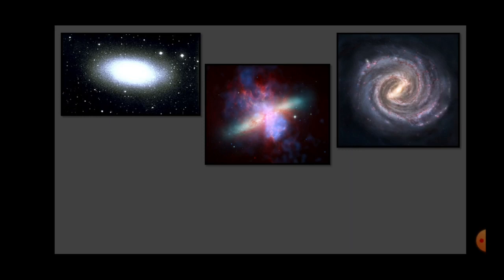And the galaxies are different in structure and shape. Mainly, they are divided into three types: elliptical, irregular, and spiral. Now, these names are given on the basis of their shape.